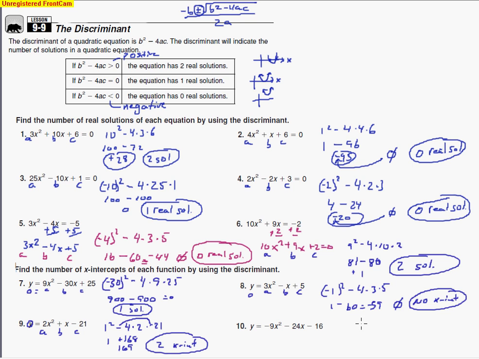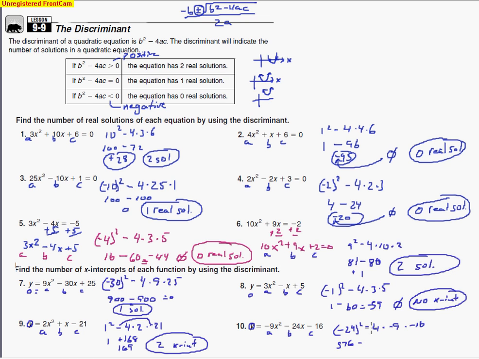Well, take a look at the next one here. Again, you're setting y equal to 0, figuring out your a, b, and c values. So we've got negative 24 quantity squared minus 4 times a, which is negative 9, times c, which is negative 16. You do some work there. 24 squared gives us 576.